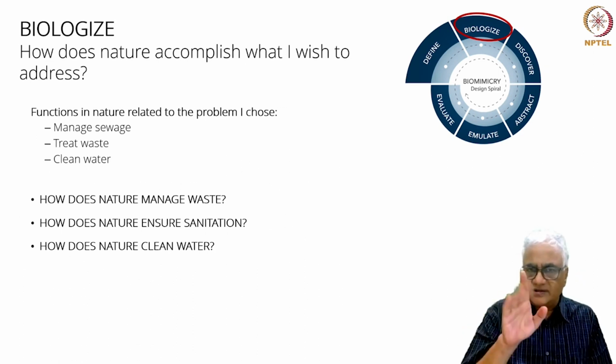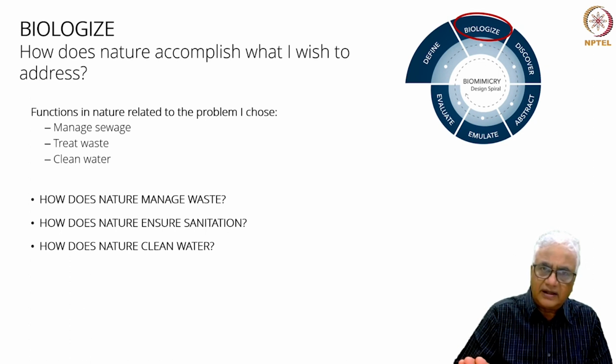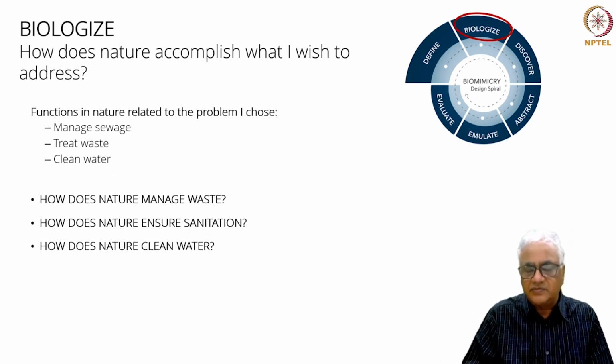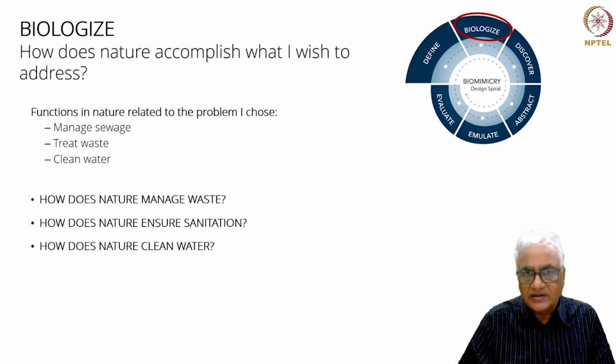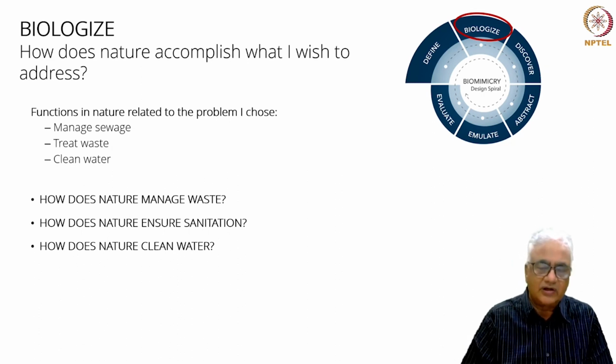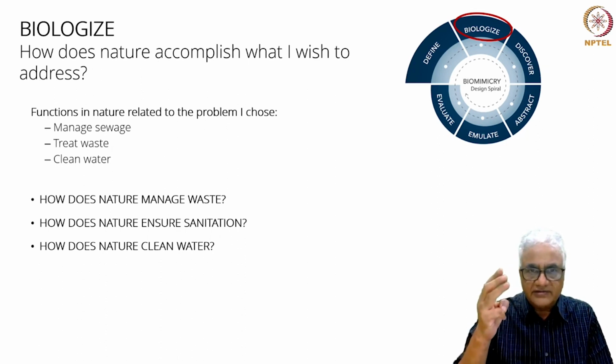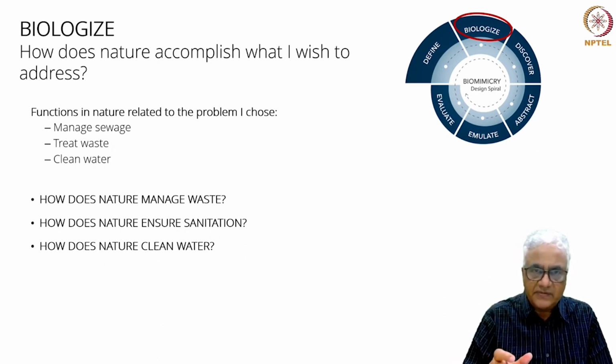Next is biologize. Biologize, like we said, remember, ad nauseum to repeat doesn't matter. Ad nauseum to understand that biologize means asking the question, how does nature accomplish what I want to accomplish?